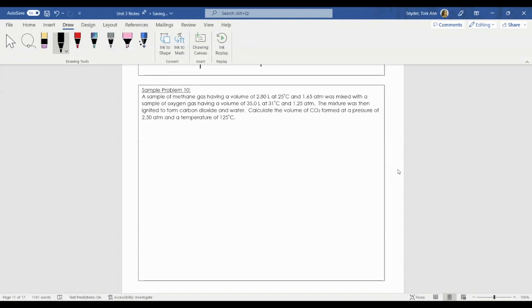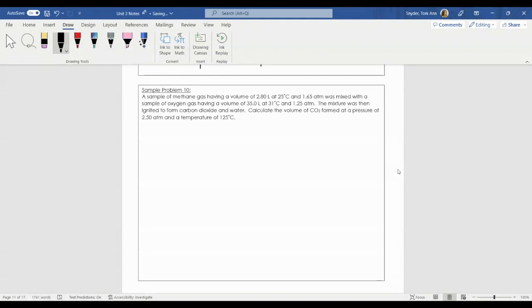The mixture was then ignited to form carbon dioxide and water. Calculate the volume of CO2 formed at a pressure of 2.50 atmospheres and a temperature of 125 degrees Celsius. This is a packed question. Okay, it might not seem that packed, but there's a lot of stuff going on, a lot of numbers.